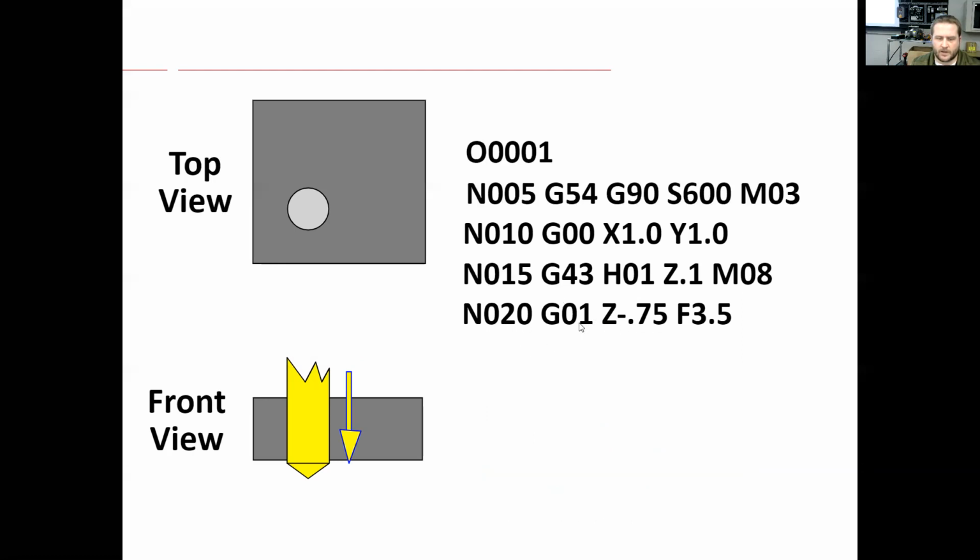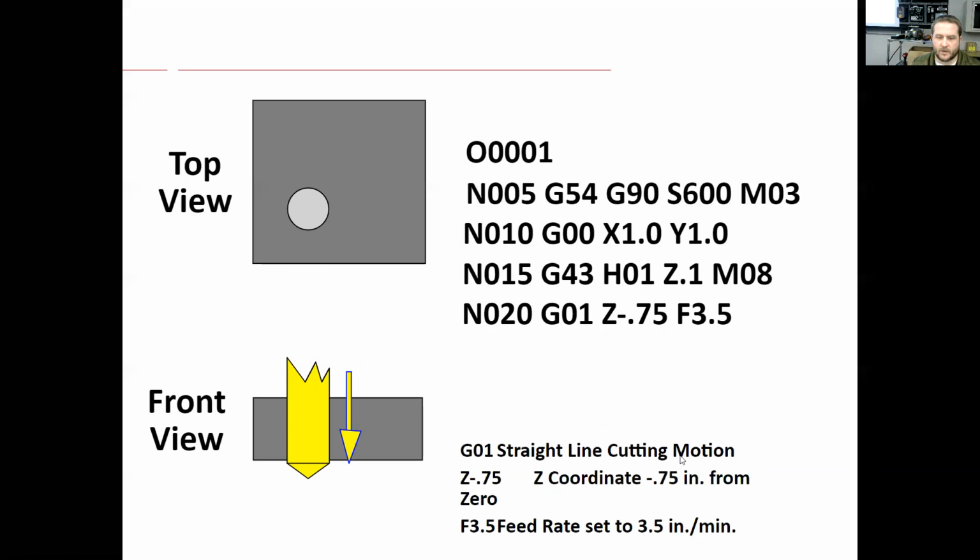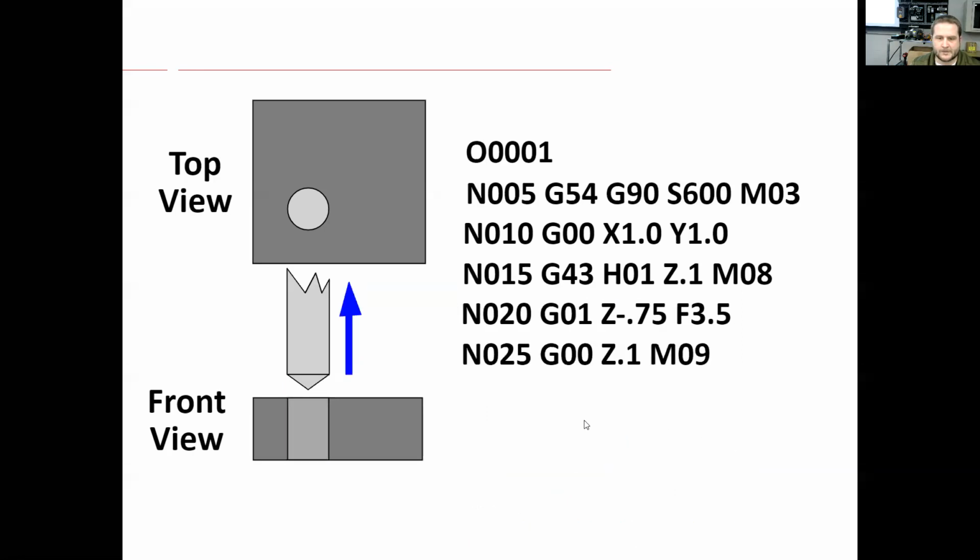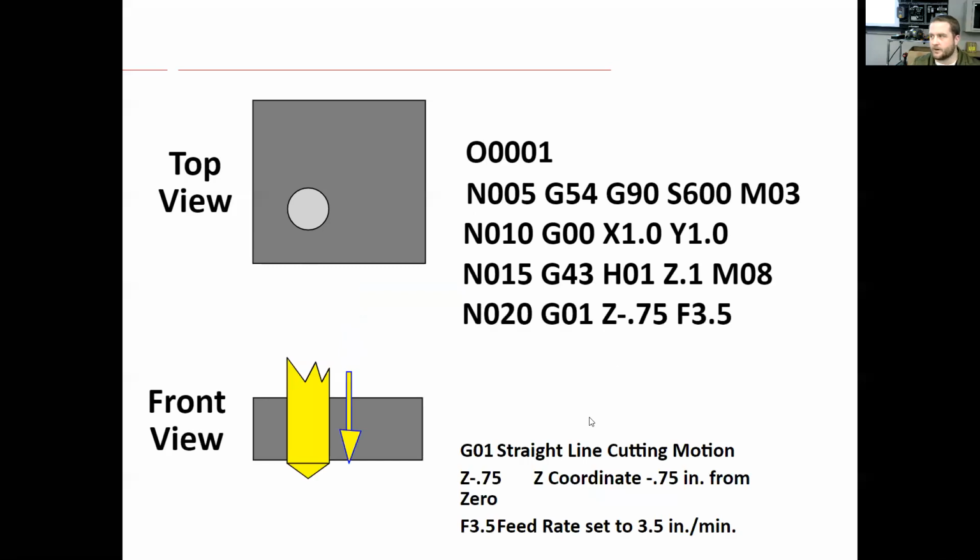So line 20, G01, straight line cutting motion, and go down 0.75 inches from 0 at a feed rate set to 3.5 inches per minute. It's pretty slow. And you understand what that means, right? In 1 minute, if you started it, it will have gone down 3.5 inches.